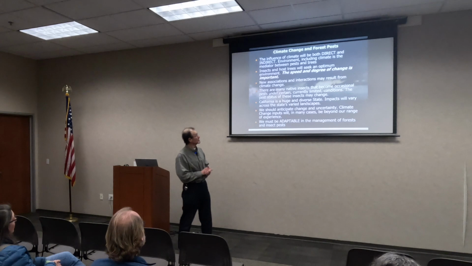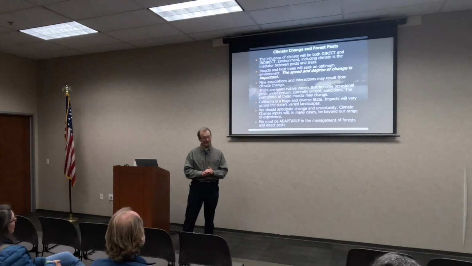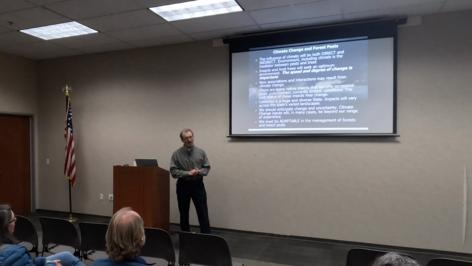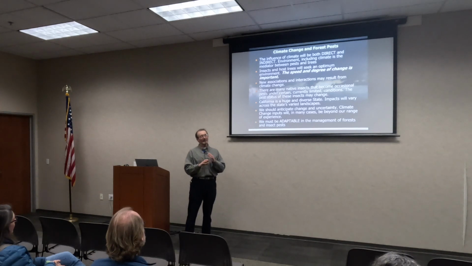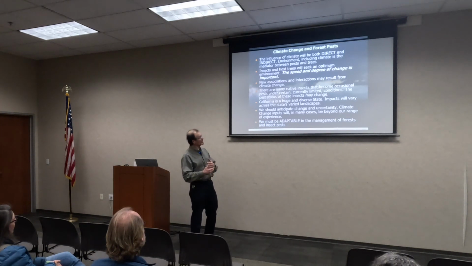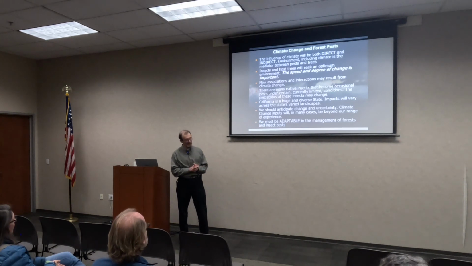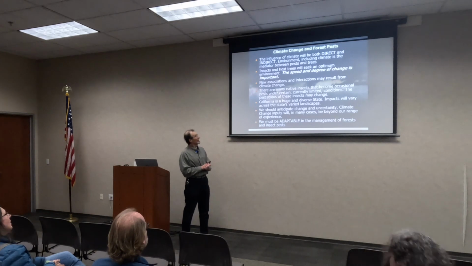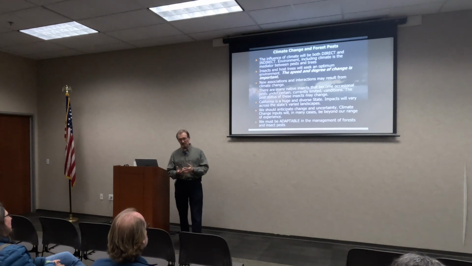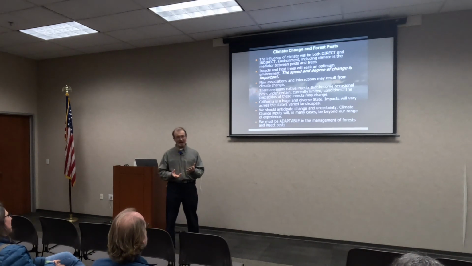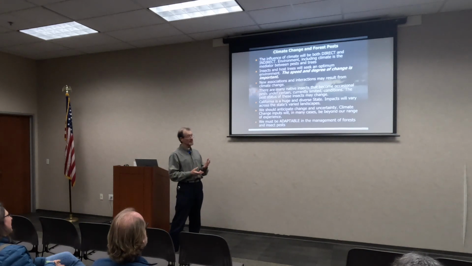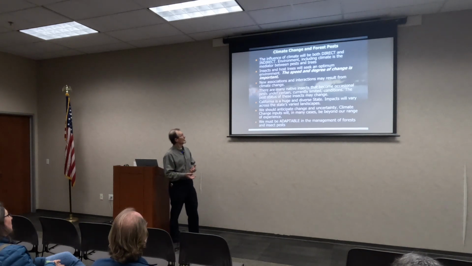So trees are in a bit of a tough spot, because if it was a slow change, trees can take advantage of that and go through evolutionary changes. But if it's a really fast change, like climate change is happening right now, the trees are kind of in a tough spot.